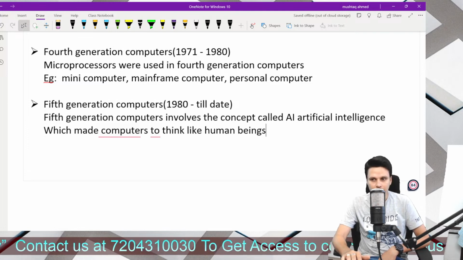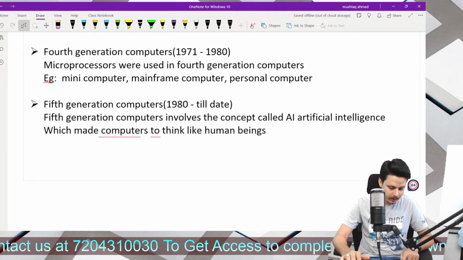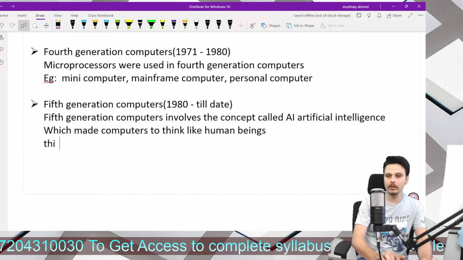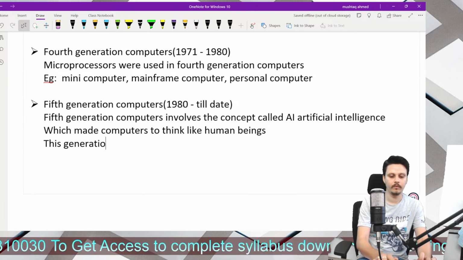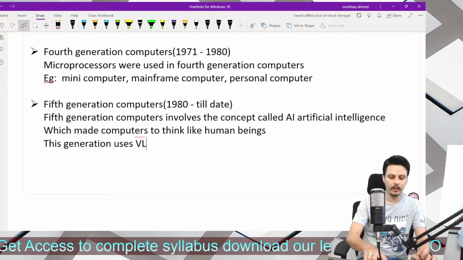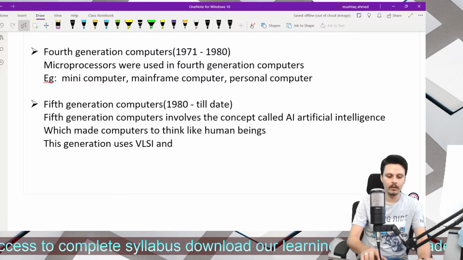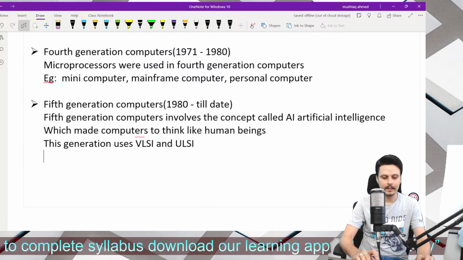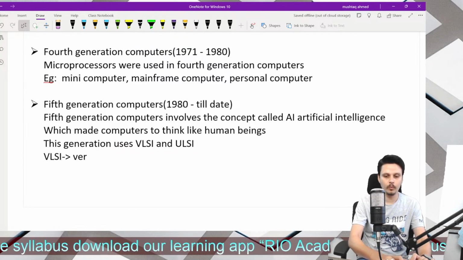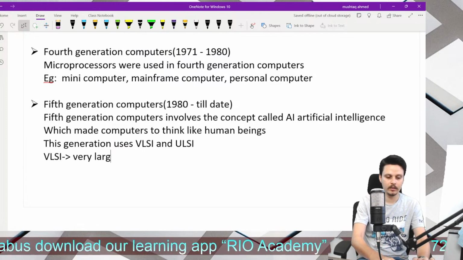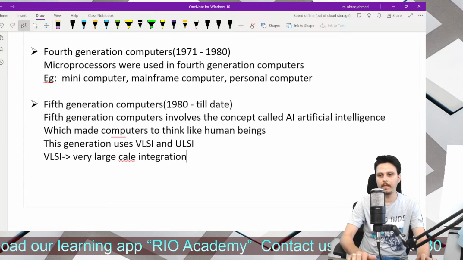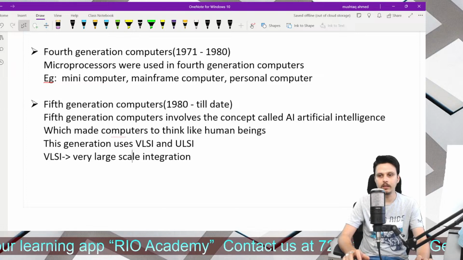All these are the generations of the computers. Let me tell you one more point. This generation uses VLSI, very large scale integration, and ULSI, ultra large scale integration.